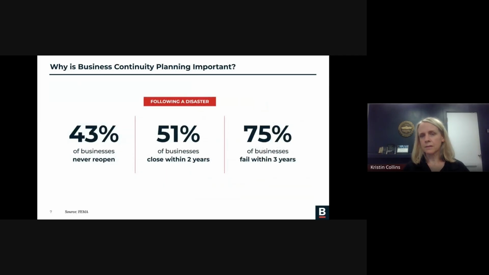So FEMA has some pretty alarming statistics about the impacts of disasters on businesses. 43% of businesses never reopen. 51% of businesses close within 2 years of being impacted by a disaster, and 75% fail within 3 years.